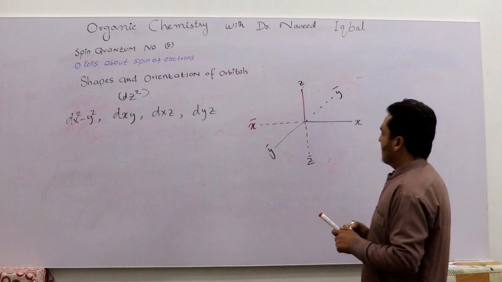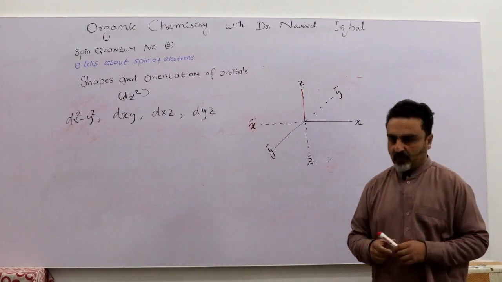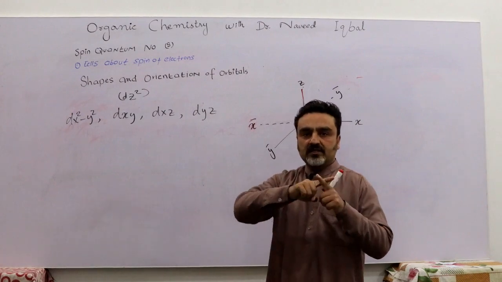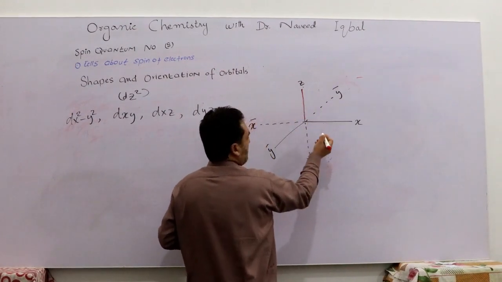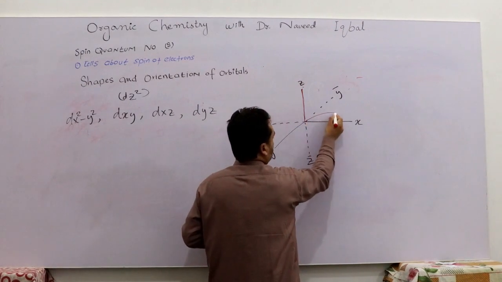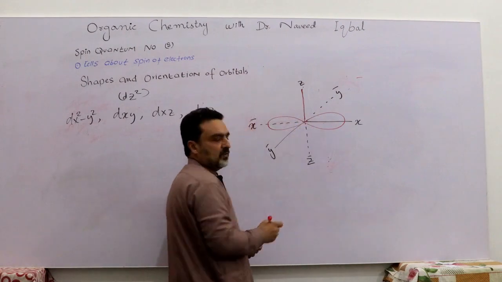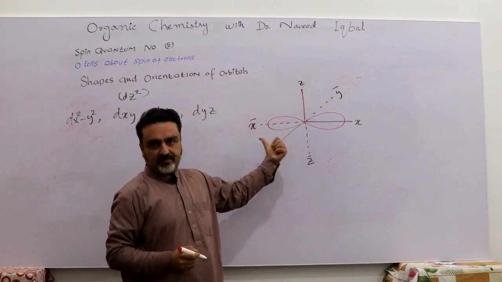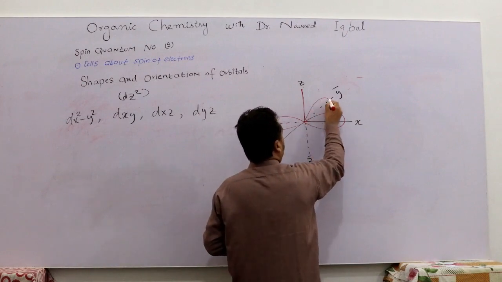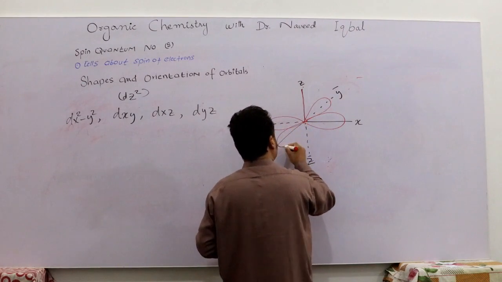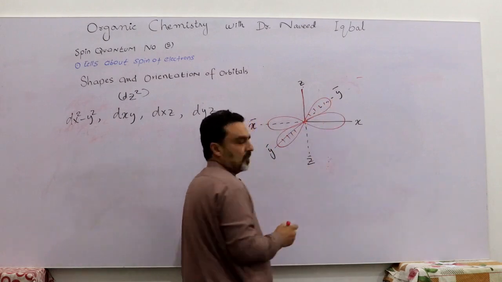Now what about the dx squared minus y squared orbital? It is present along the axes. It's present on the x and minus x, and on y and minus y. Both the lobes are present like this.